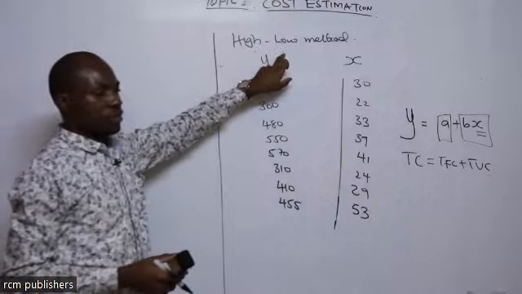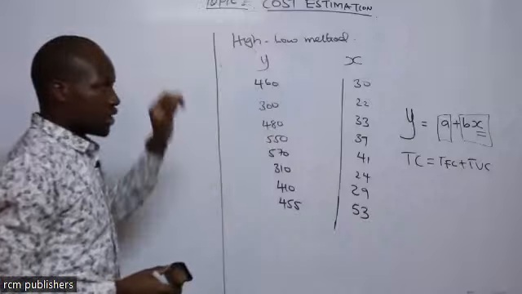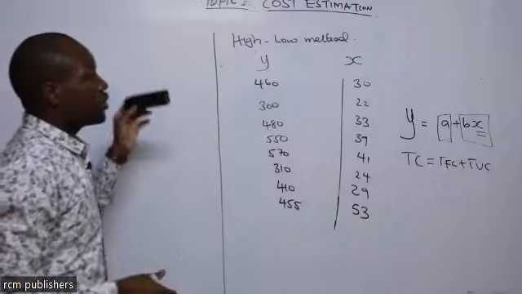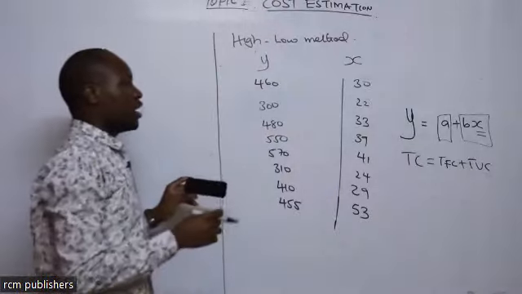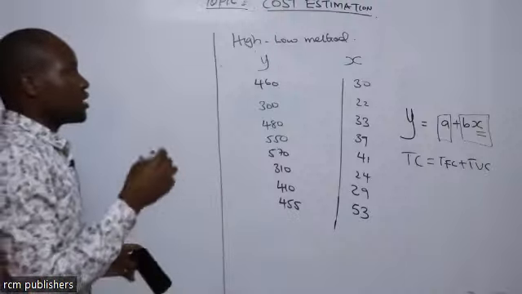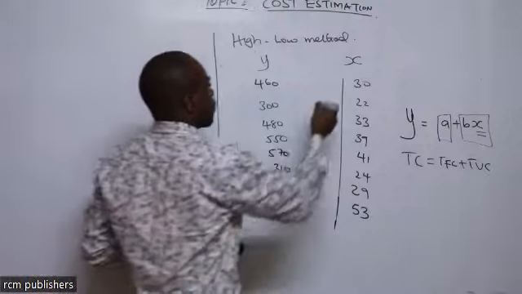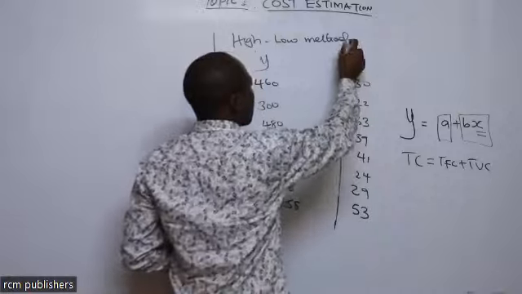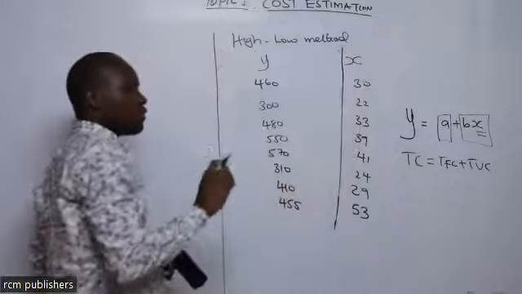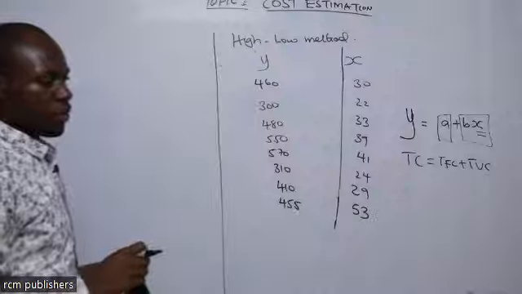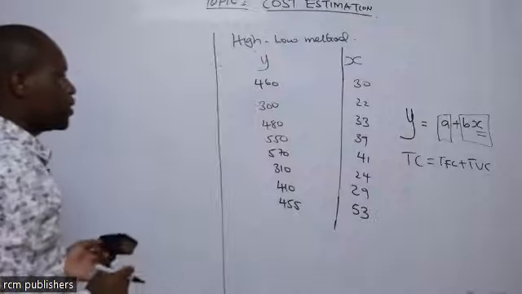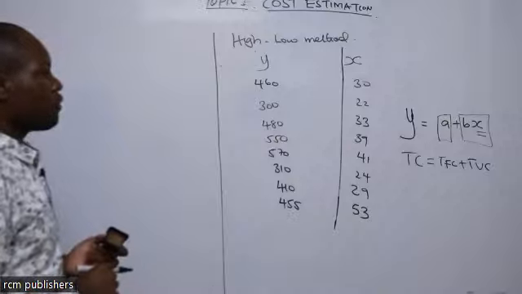High-low method. We are going to consider the combination of the highest value and the lowest value, considering the values of x, not values of y.